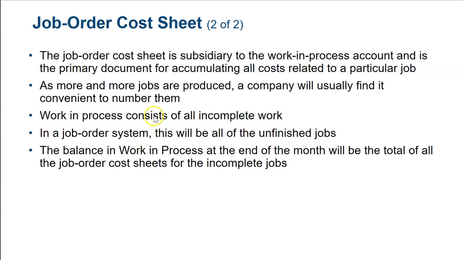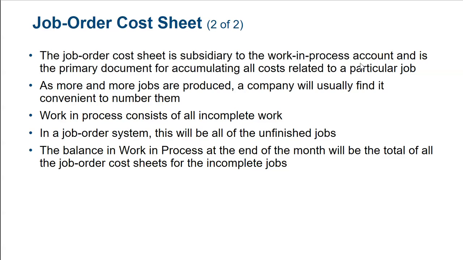The job order cost sheet is absolutely a subsidiary account of the work in process account until such time, of course, that it's completed. And then we're going to move the item into finished goods. So just to make sure we understand this conceptually, when we think about our balance sheet for a manufacturer, when it comes to inventory, we're going to have a value for our raw materials, which makes sense.